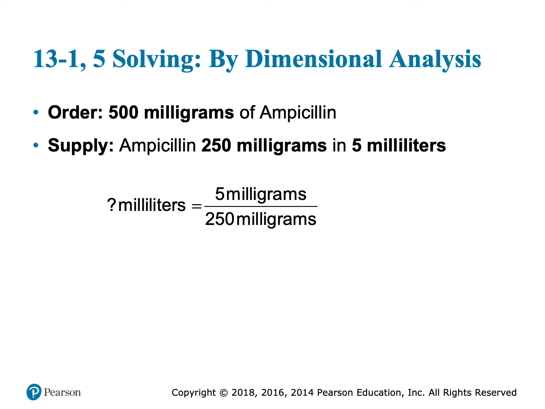Now let's look at solving this using dimensional analysis. So this is the same problem. The doctor has ordered 500 milligrams of ampicillin. We have 250 milligrams in 5 milliliters. So we're going to set what we don't know to the left or to one side of the equation. Here they have set that to the left.